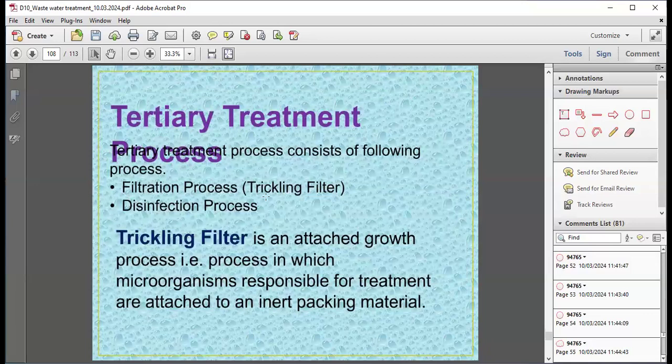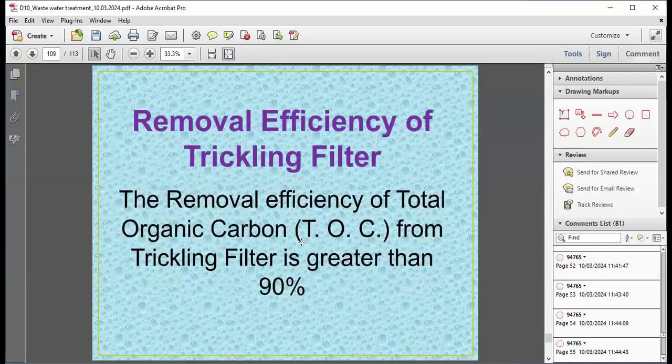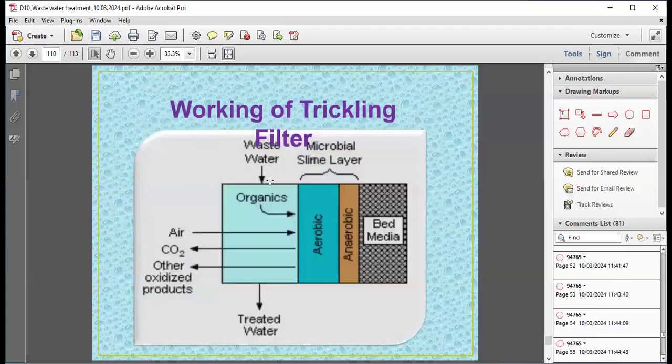Tertiary treatment process consists of the filtration process, trickling filter, and disinfection process. Trickling filter is an attached growth process in which microorganisms responsible for treatment are attached to an inert packing material, right? Removal efficiency of trickling filter: the removal efficiency of total organic carbon from a trickling filter is greater than 90%.